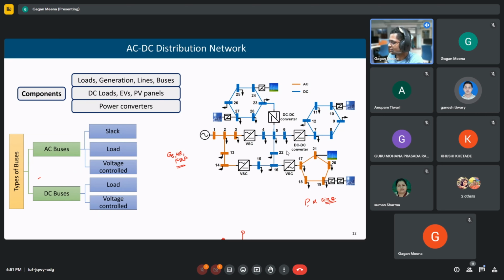So P is V1 V2 by X sine delta, and Q depends on the voltage difference. P will decide frequency and Q will be decided by the voltage difference. So this is the decoupling that we get. P is directly related to frequency or theta, and Q is directly related to the voltage. This decoupling is possible because of high X by R ratio in the transmission system.